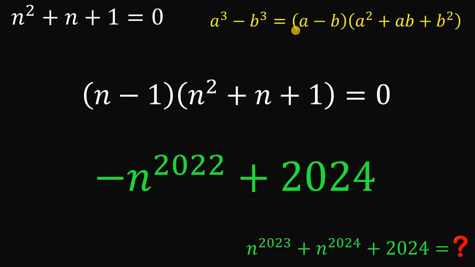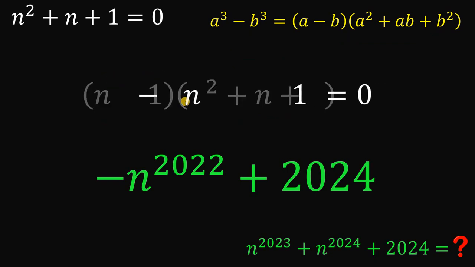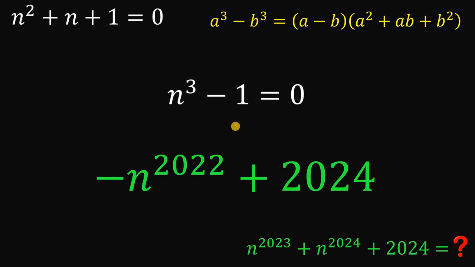Take note that when we have a factor of a minus b multiplied by a squared plus ab plus b squared, this must be equal to a cubed minus b cubed. So, the left-hand side of our equation can be simplified to n cubed minus 1 cubed, or simply n cubed minus 1. And we can now solve for the value of n cubed. Just add 1 on both sides, we get that the value of n cubed must be equal to 1.